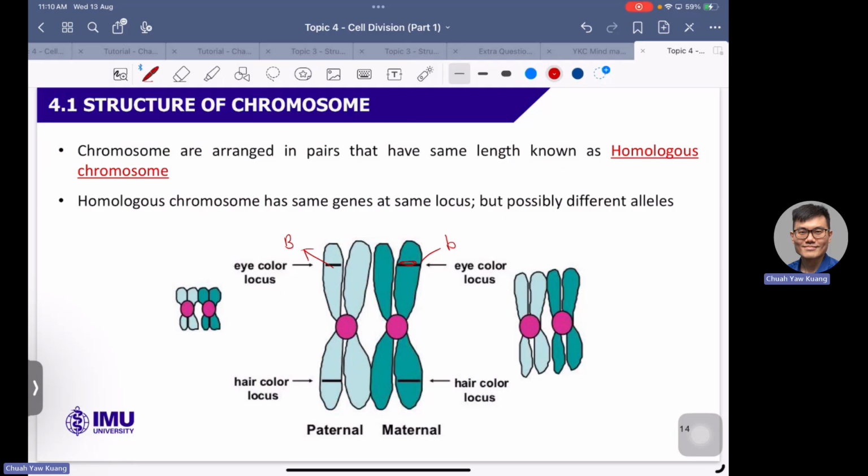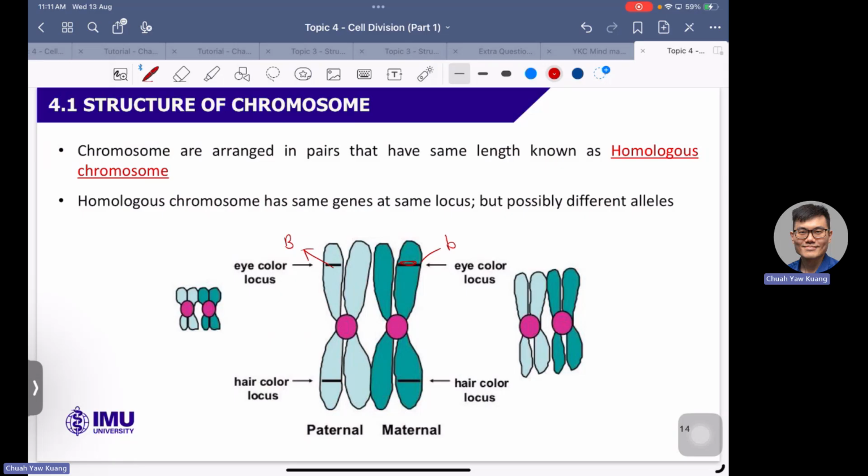Same for hair color, maybe your father's is black, your mother's maybe is blonde. But on the pair of the chromosome, it is having the same type of gene. It's just a different version, a different allele only.